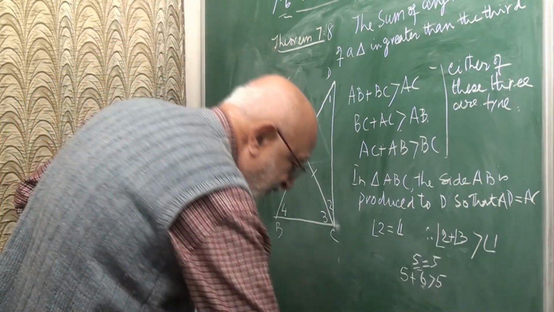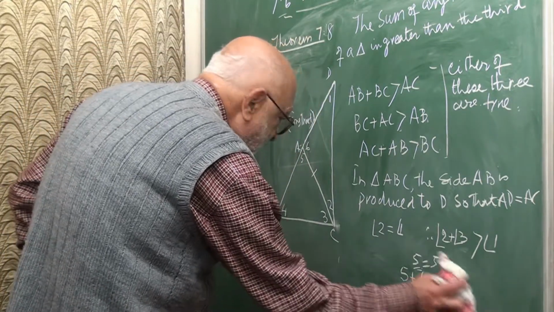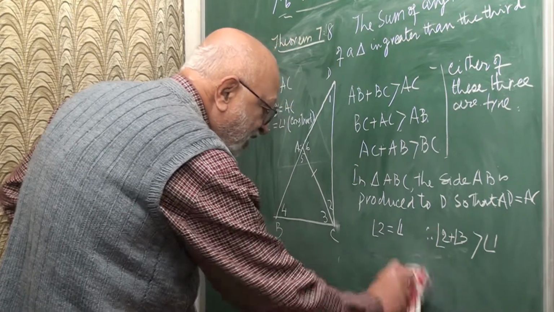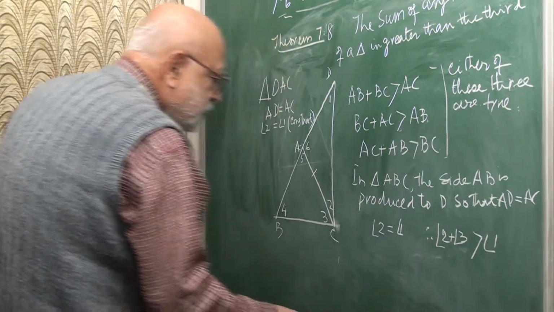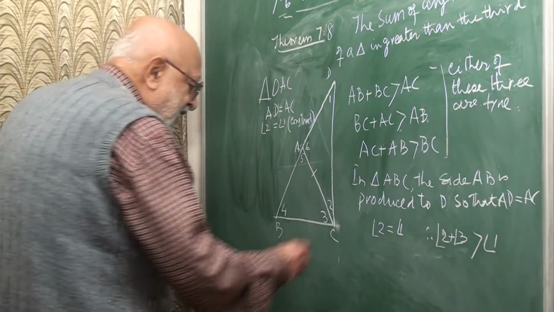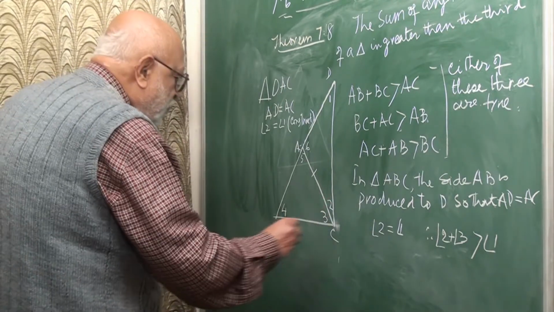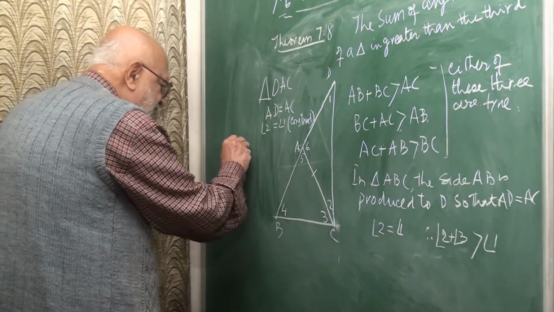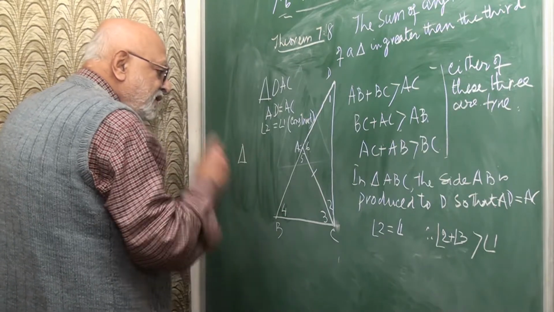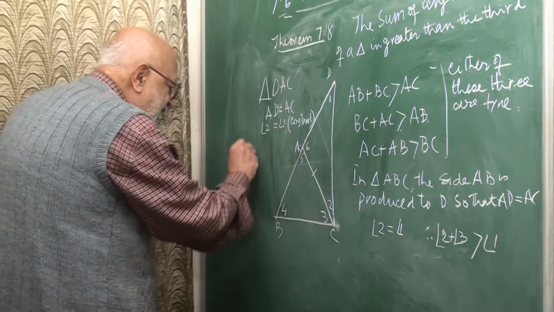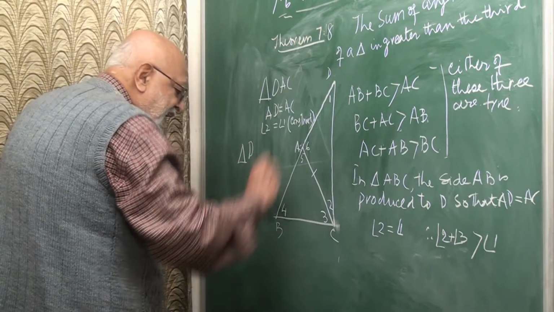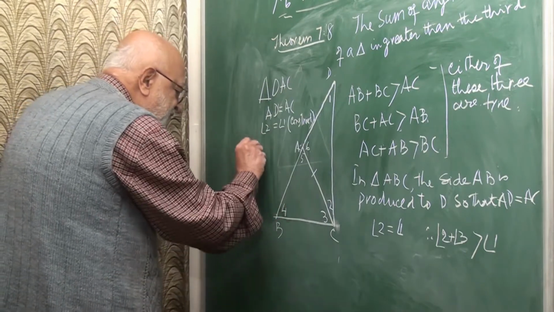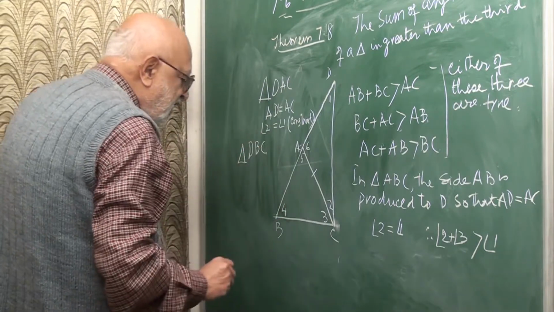Okay, now I go to the triangle. I should not jump the cut. So I will take the total angle DBC.